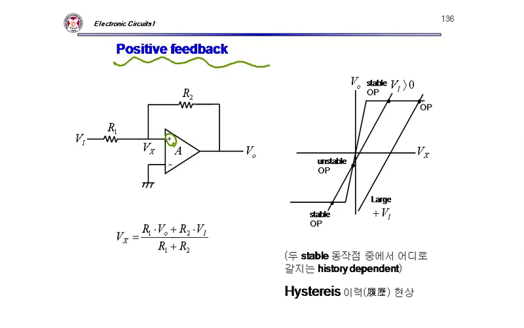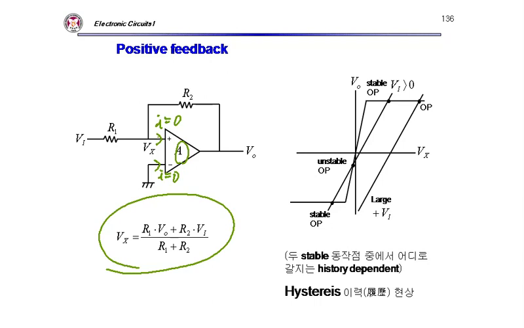Say I send my output to the positive input node. Then there is no virtual ground. Again, my A is infinite, my current input is 0. Because current input is 0, the same Vx equation holds here.